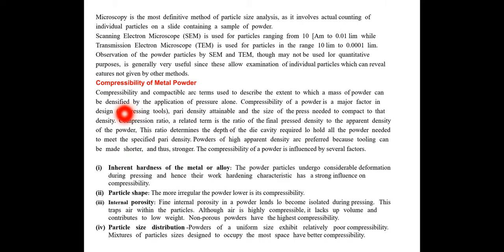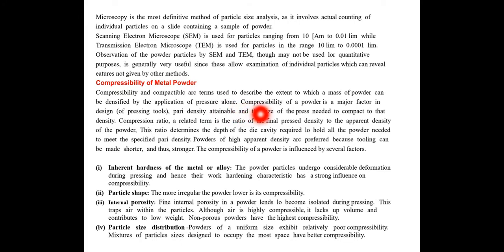What is meant by densified? When we compact the powder, the powder particles get mixed with each other and get bound with each other. Therefore, the density of the powder will increase, and it may be done with pressure or without pressure.